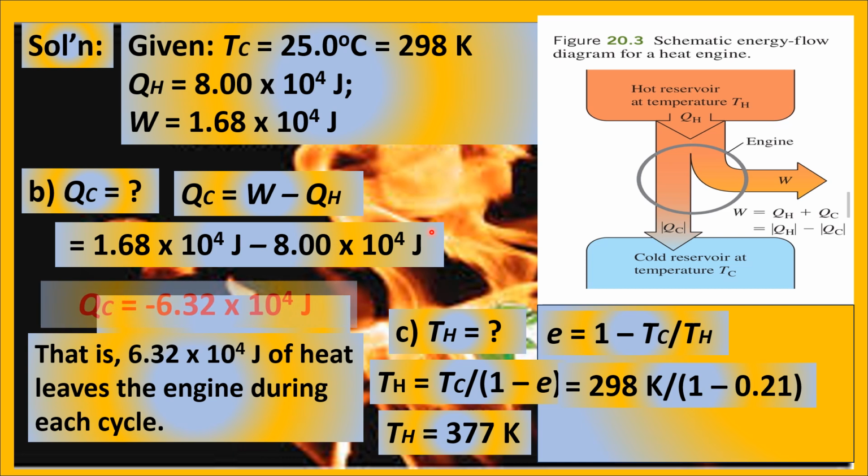But since in the problem, the temperature in the cold reservoir is originally expressed in degrees Celsius, our computed value for T sub H, when converted to degrees Celsius, is equal to 104 degrees Celsius. So that is the temperature at the hot reservoir. That completes our solution and answers to this problem.